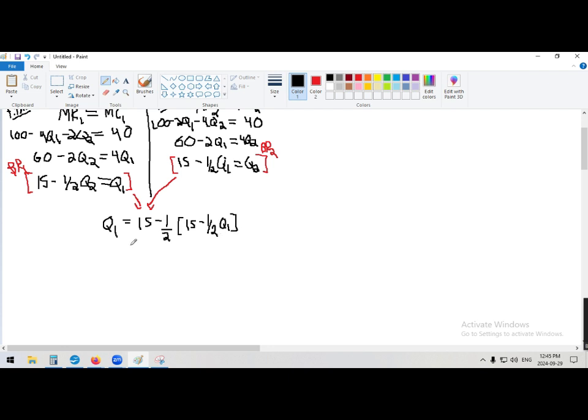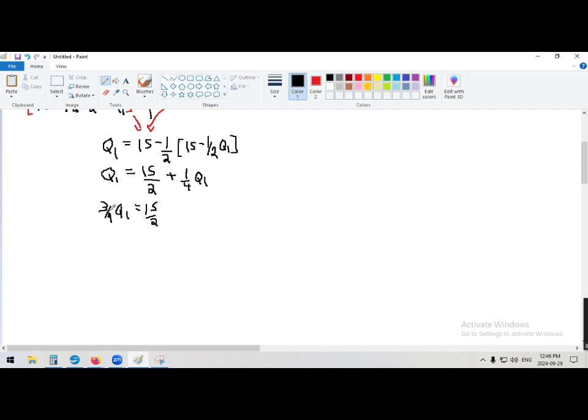We cross the strategies here. So here we have 15 minus half of 15. What's half of 15? And then negative a half times negative a half, that'll be positive a quarter Q1. And if we can move the Q1 over to this side, we get 3/4 Q1 is 15 over 2.